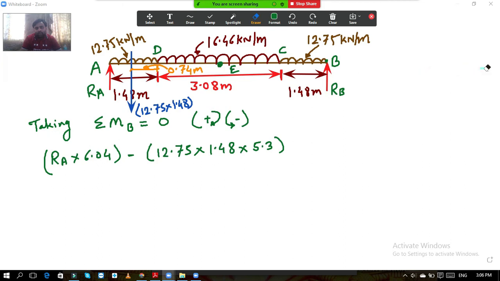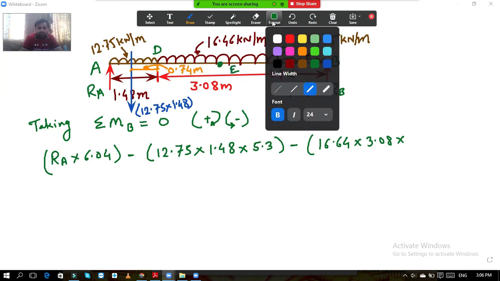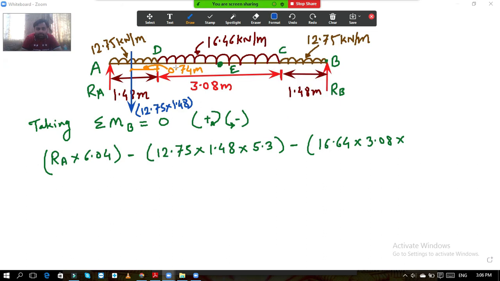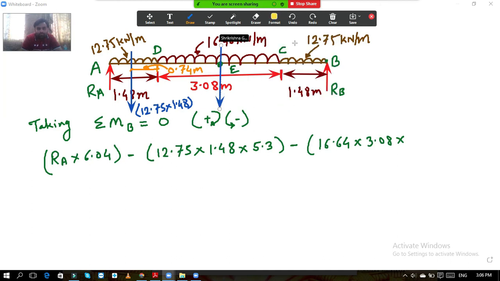So we will take the next term now. Again minus. Now next this UDL, it is 16.64 into its span, 3.08. So what is the distance? Now if this is converted into the point load, then this will act somewhere here, at this point. And now what is the distance?